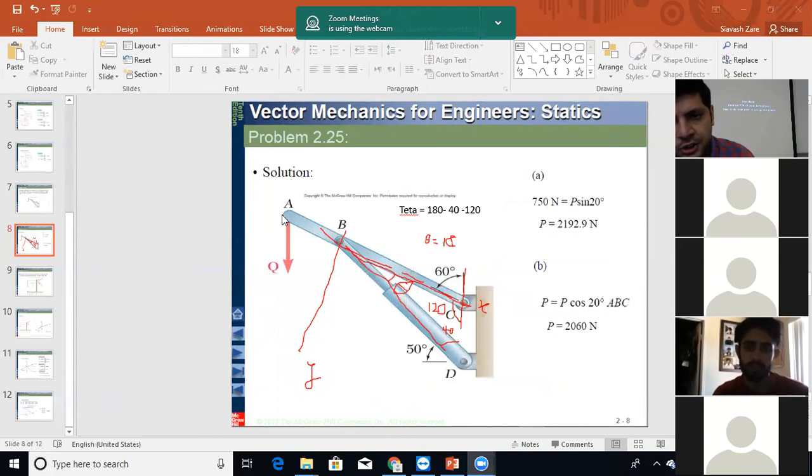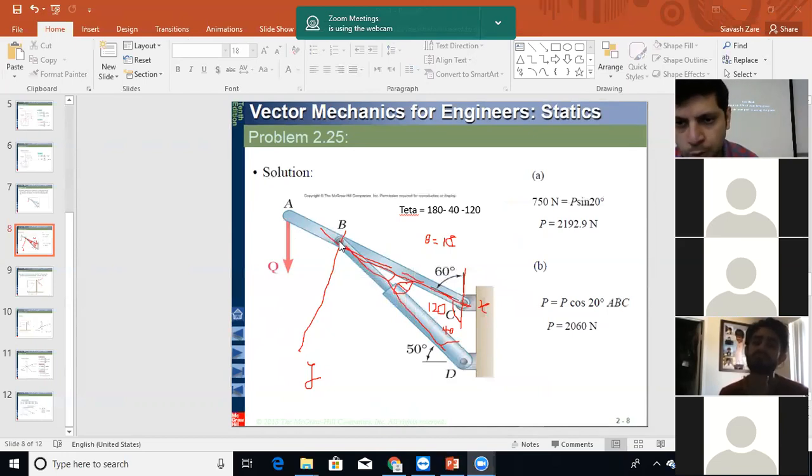Okay, this Q actually does not have any magnitude or any definition here. So it's just showing that you're exerting a force on point A, because otherwise you don't get any internal force in the BD elements. So you must have some force at point A to get some force at point B. Think of it physically.